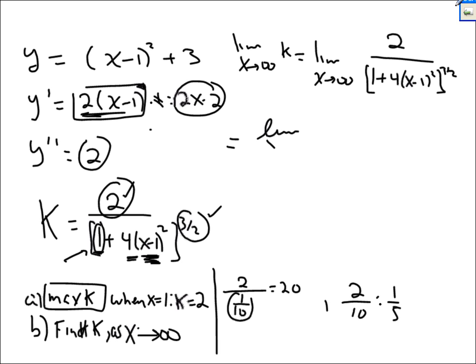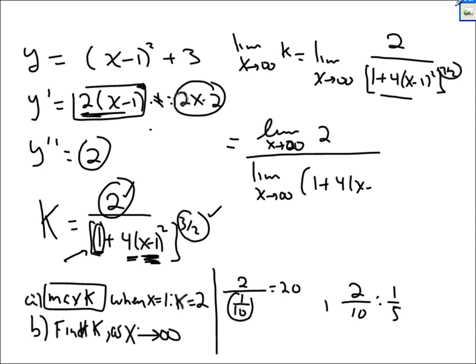You can take the limit as x goes to, I meant to say infinity, of the top. And then you can take the limit as x goes to infinity of the bottom. But the bottom is something to a power. You can take the limit of what I refer to as a something, and then whatever answer you get, raise that to the 3/2 power.